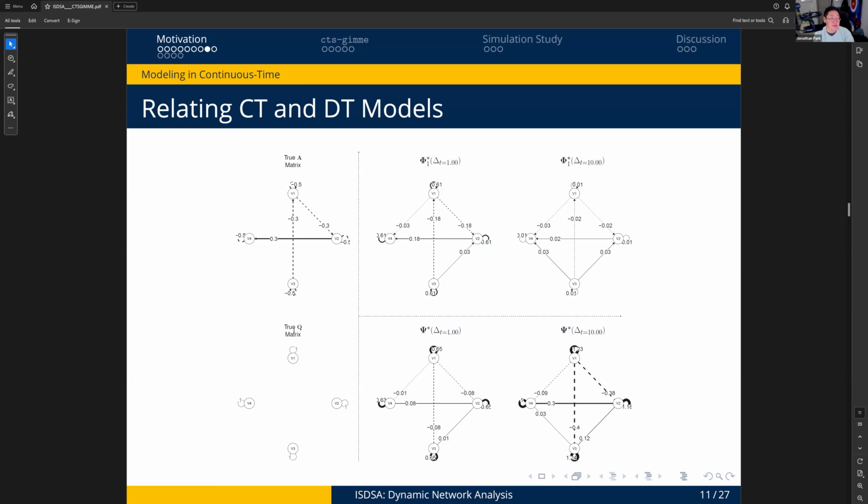By contrast, in my process noise innovations, I just have identity for my process noise covariance in continuous time. And as I apply those transformations, we see that we obtain relations, or what we would call in discrete time, contemporaneous effects or shocks between our variables that appear as a function of the distance in time.